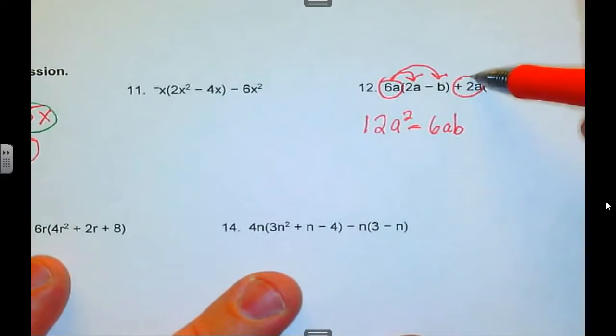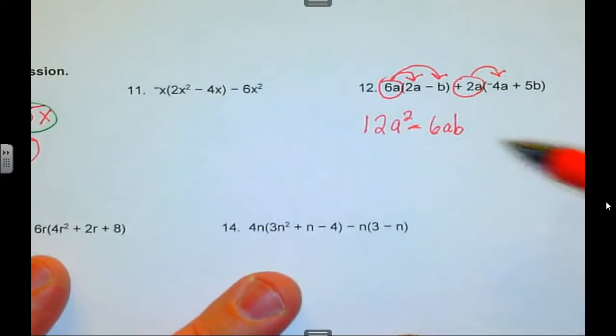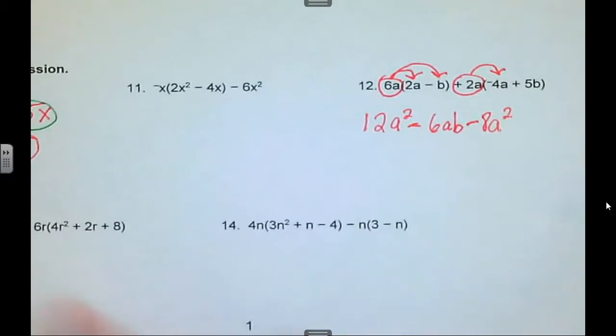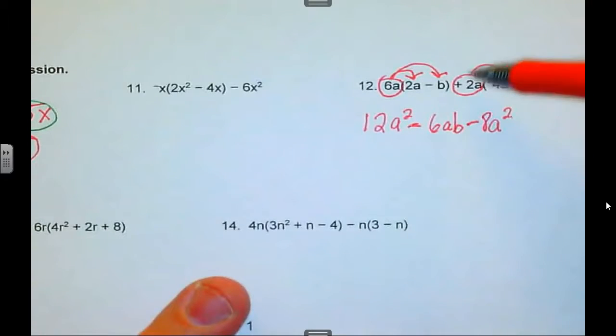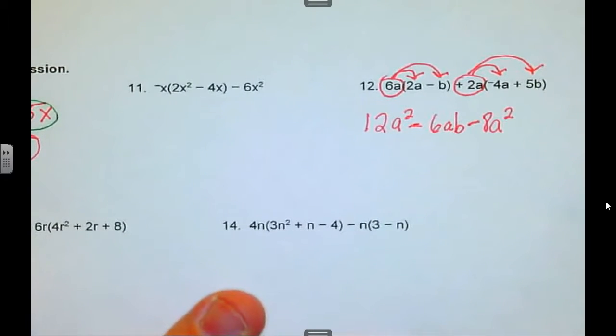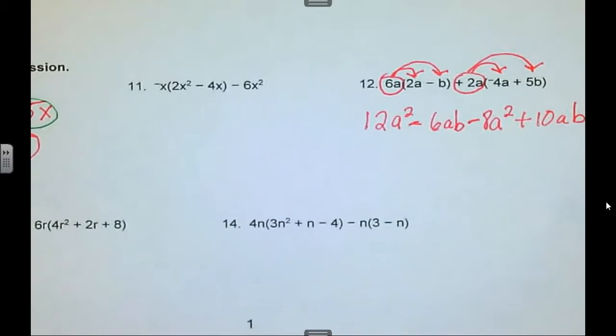2a times negative 4a. Negative 8a squared. Good. 2a times 5b. 10ab. Good. Anything to combine?